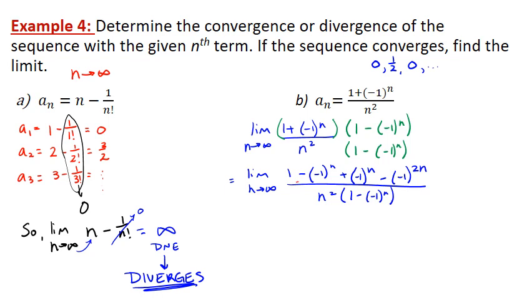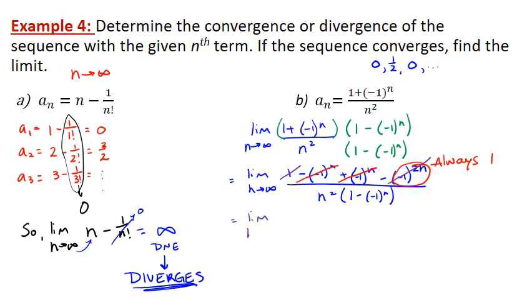In the top, these middle terms cancel out. And then this here, since this is an even exponent, it's always even because it's multiplied by 2. This is always 1. Negative 1 to any even power is 1. So I have 1 minus 1, which cancels out.